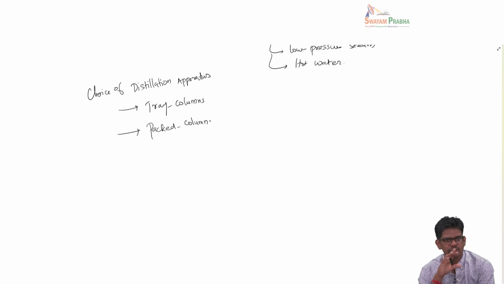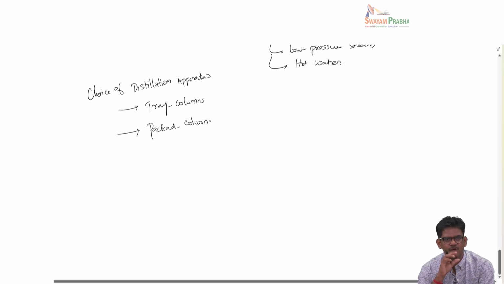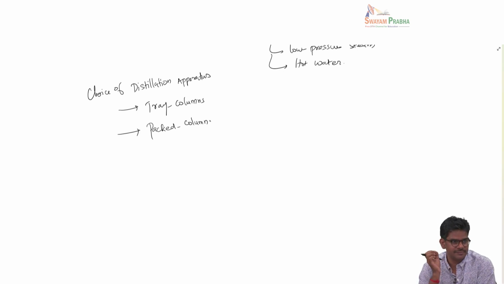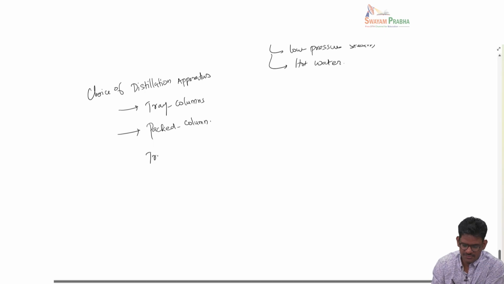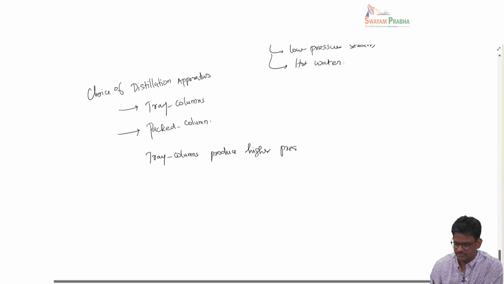So when you look at these two operations, you will see that the tray column often gives rise to a larger pressure drop. Okay, so tray columns produce higher pressure drop than packed columns.